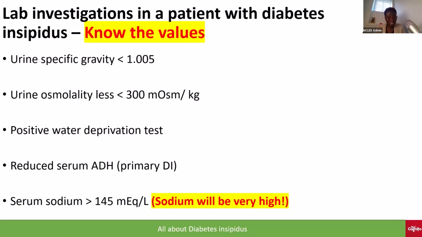So note this. The client is giving out a lot of dilute urine, but in the blood, the client is going to have high sodium, that is hypernatremia. And this is the value: serum sodium more than 145 milliequivalent per liter.